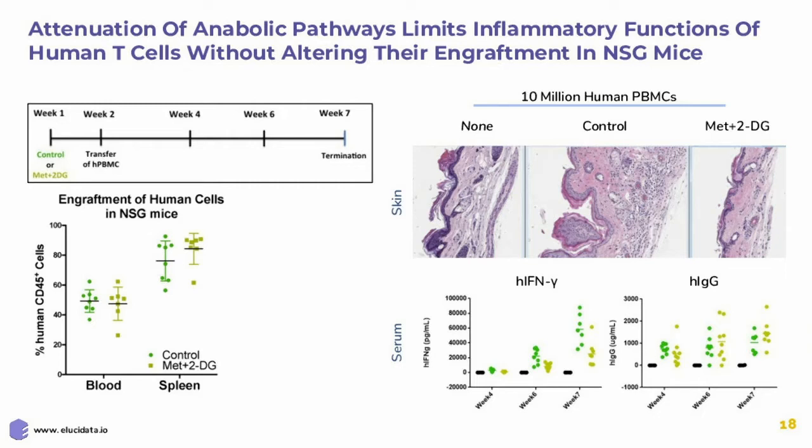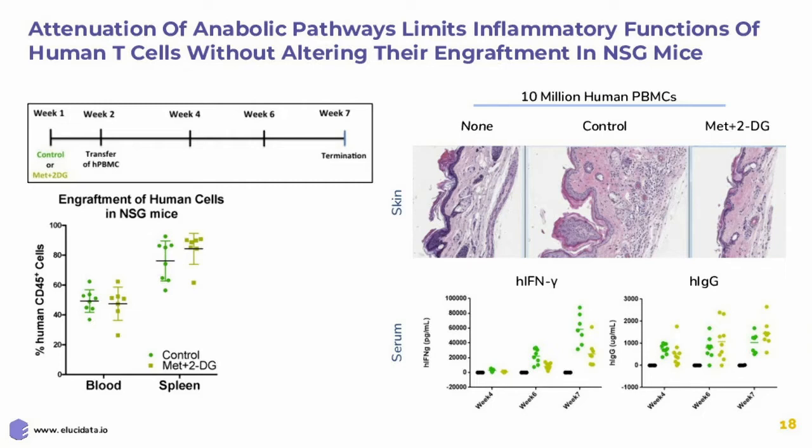And so in this experiment, what we had done was that we transferred human PBMCs into these NSG mice, which is pictured in the schematic representation on top. And after 2 weeks, we just followed the mice, and the mice were either left untreated or were treated with the same cocktail of metformin and 2-deoxyglucose.